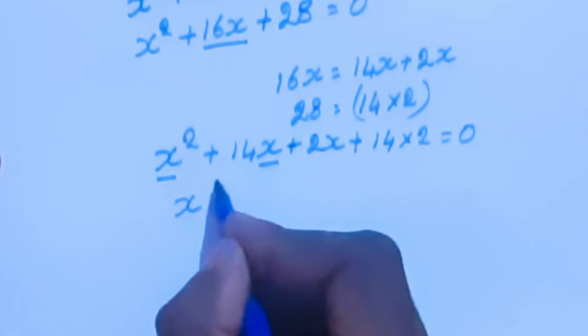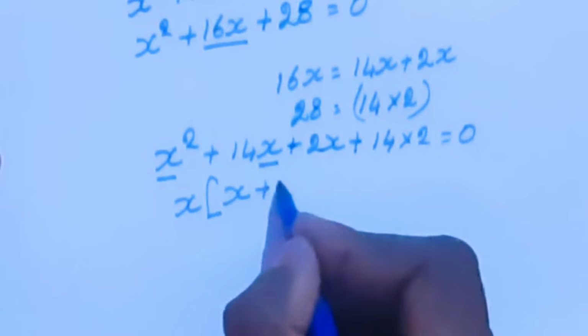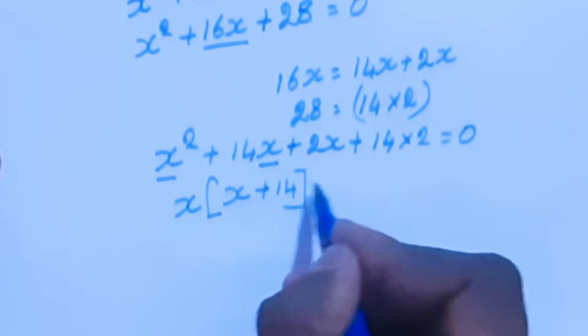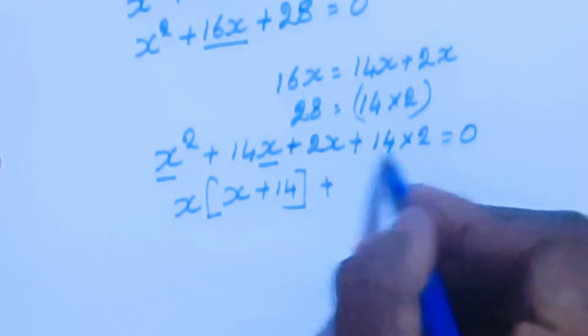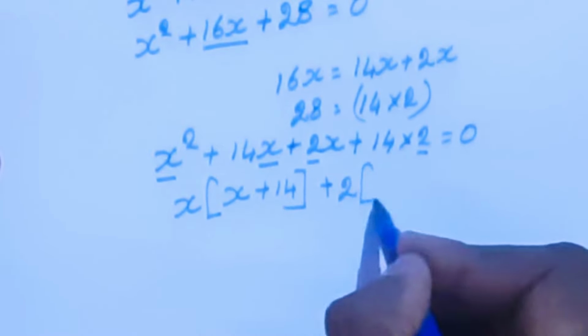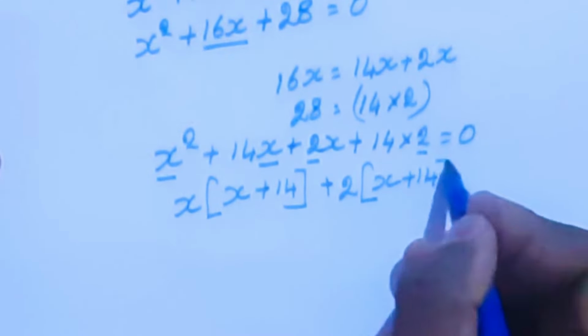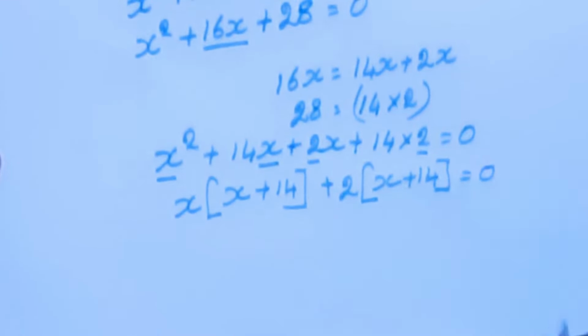So x open bracket, the remaining x plus 14, plus we are going to take 2 common from these two, so 2 open bracket, we have x plus 14, equal to 0.